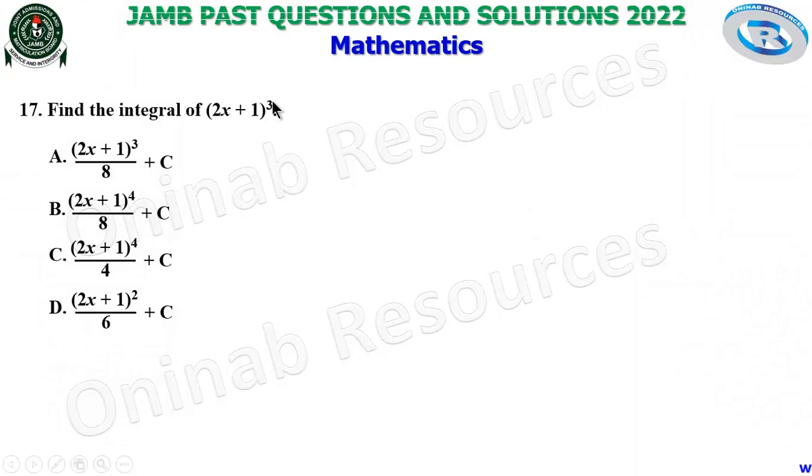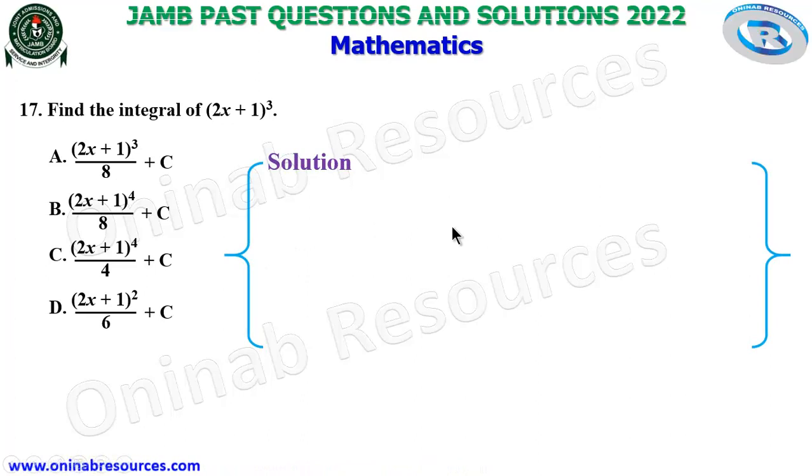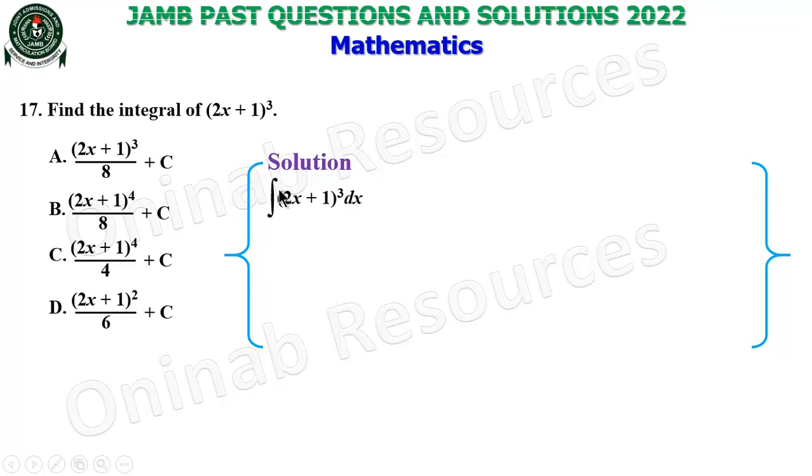Find the integral of 2x plus 1 power 3. We are to integrate 2x plus 1 to the power of 3. So in our solution, we're going to integrate by algebraic substitution. So we have the integral of 2x plus 1 power 3 dx. We let what we have inside the bracket be u, which is u equal to 2x plus 1.